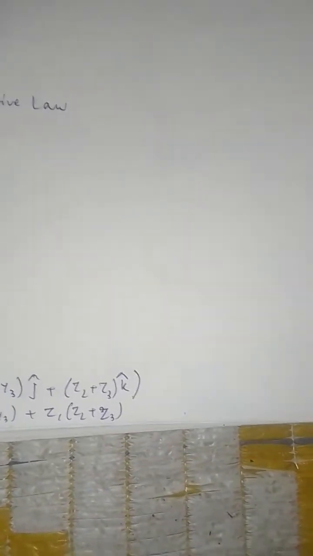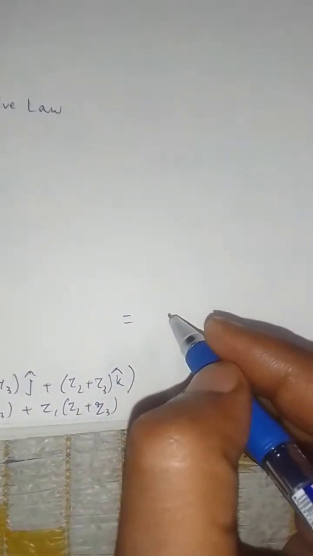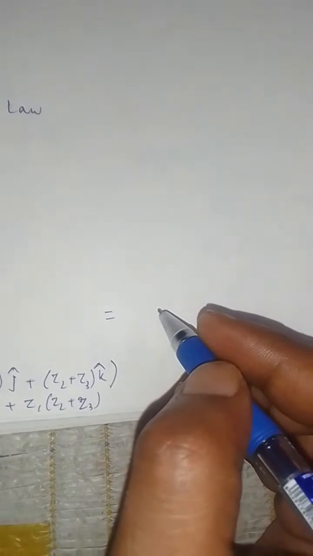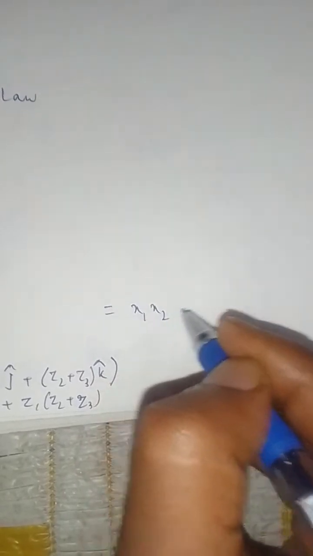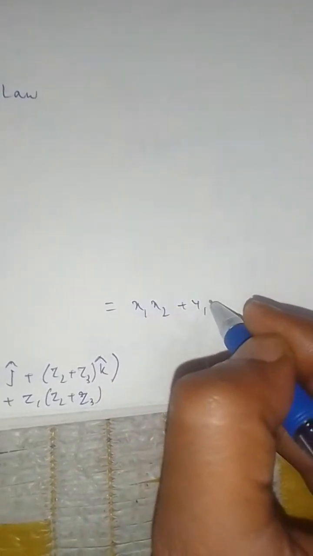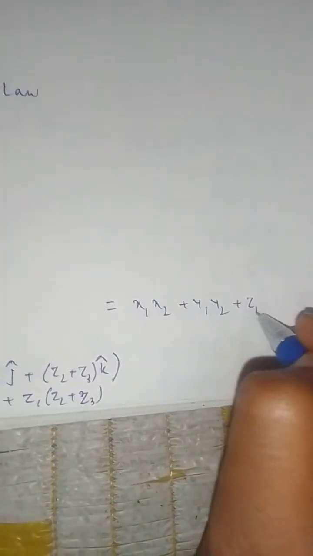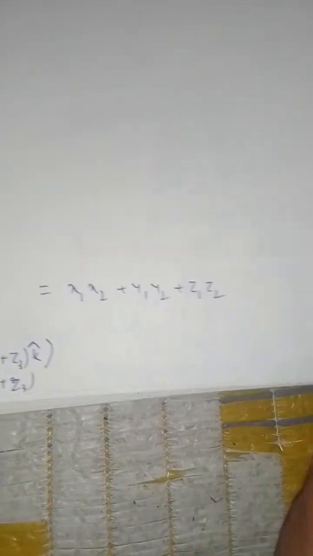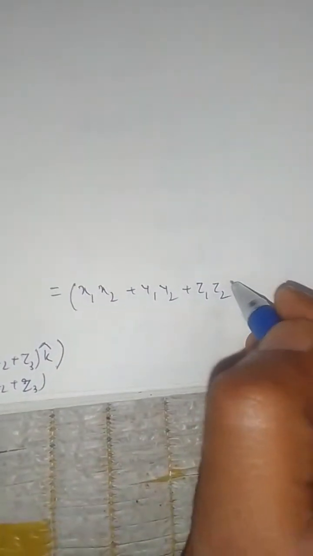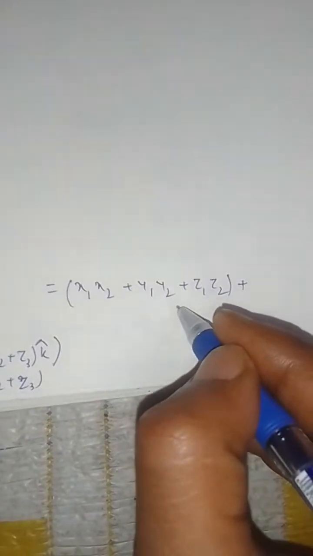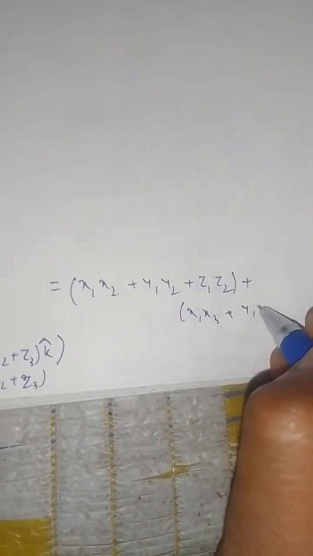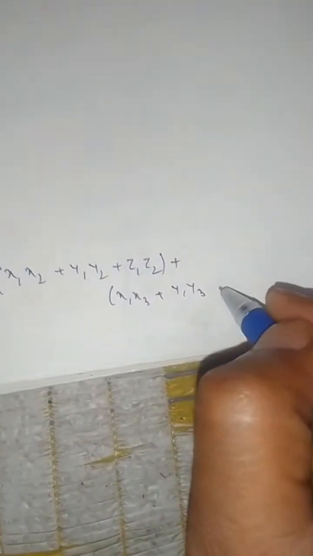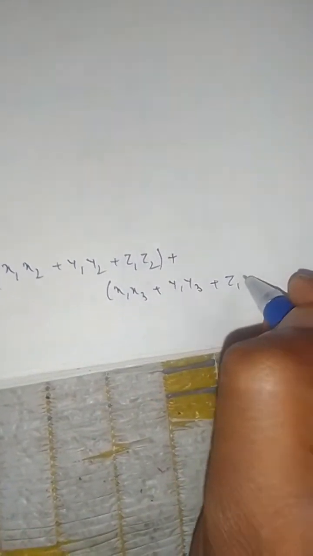If we rearrange this, we will get x1 x2 plus y1 y2 plus z1 z2 plus x1 x3 plus y1 y3 plus z1 z3.